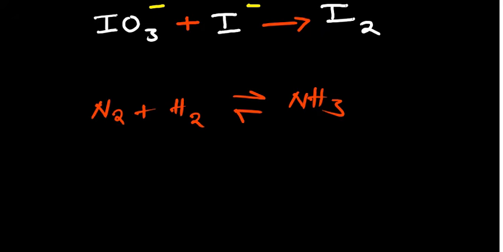If I check my left hand side, I've got 3 hydrogen atoms, and on my right hand side, 2. So I multiply by 3 over 2, and then multiply the entire equation by 2. After that we have a 2 there and a 2 there, and you observe that the equation is balanced.